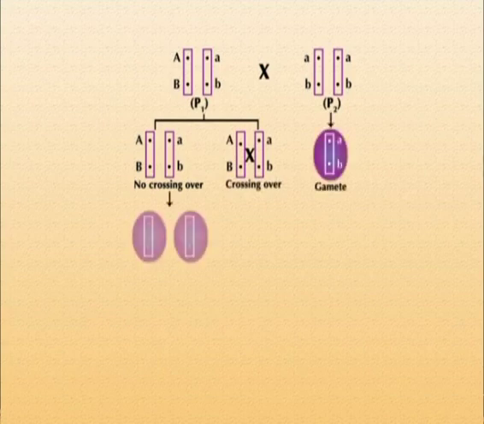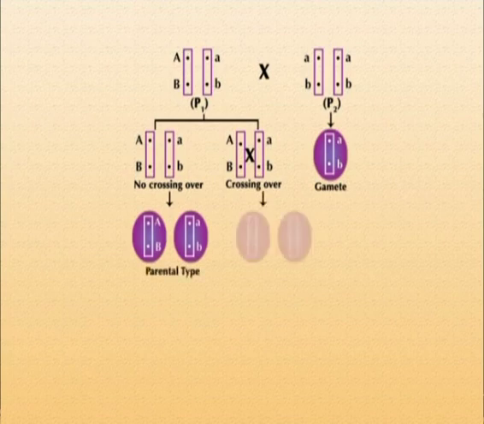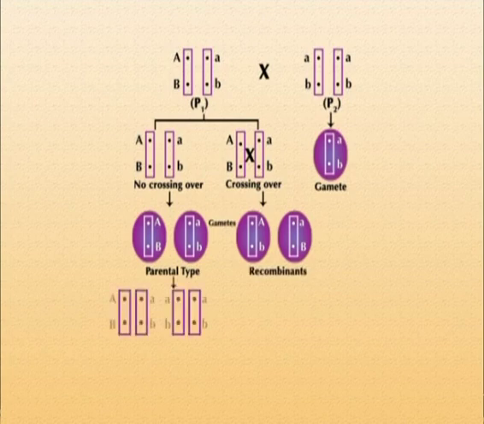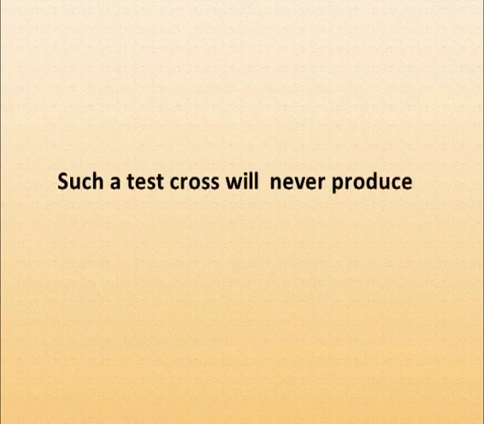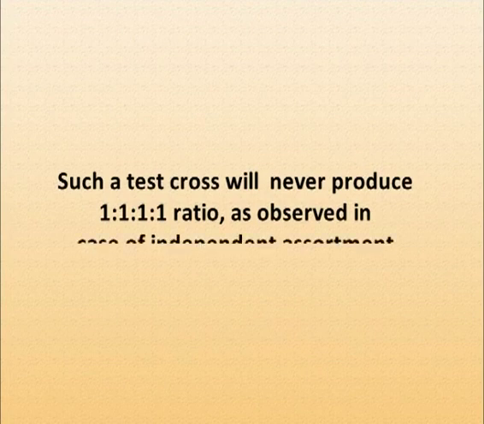Since all types of gametes are possible in a population, the test cross progeny will result in the formation of parental types as well as recombinants. The frequency of parental types will be, however, more, that is greater than 50%, as compared to recombinants, that is less than 50%. Such a test cross will therefore never produce a 1:1:1:1 ratio as observed in case of independent assortment.